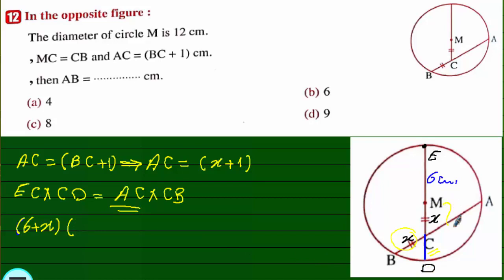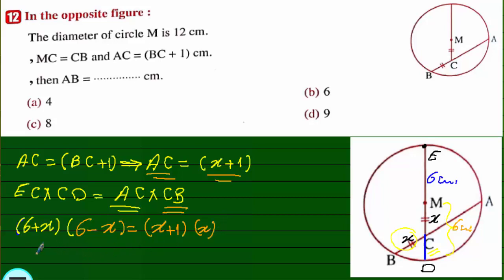We know that MD here equals 6 centimeters. So CD equals 6 minus X. It is equal to AC. What is the length of AC? AC equals X plus 1. So we write X plus 1 here, multiply the length of CB. Here we have CB equals X.